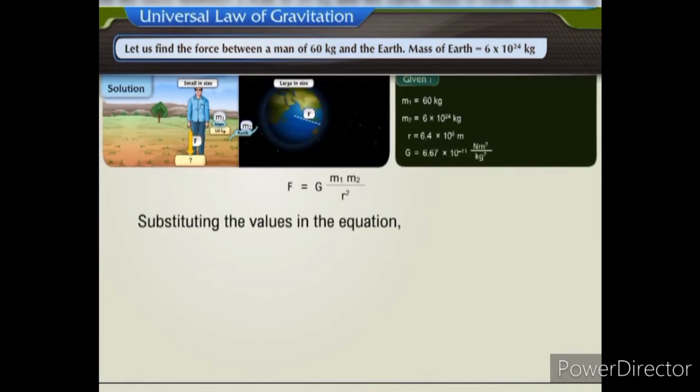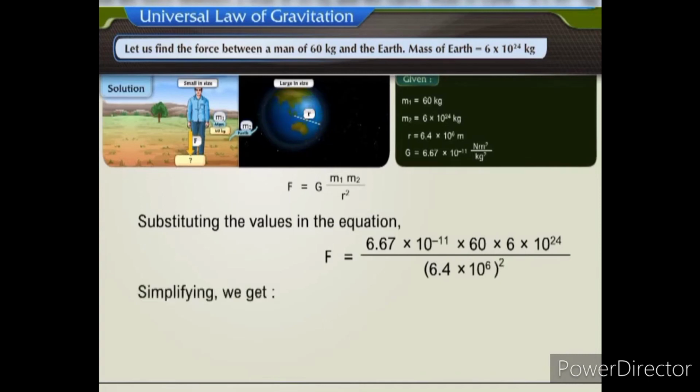Substituting the values in the equation, F is equal to 6.67 into 10 raised to minus 11 into 60 into 6 into 10 raised to 24 upon 6.4 into 10 raised to 6 whole square.